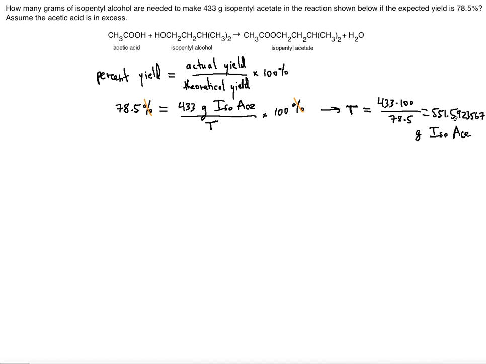As you can see, it makes sense because the theoretical exceeds the actual yield. The theoretical must be at least the same as, and above, the actual.